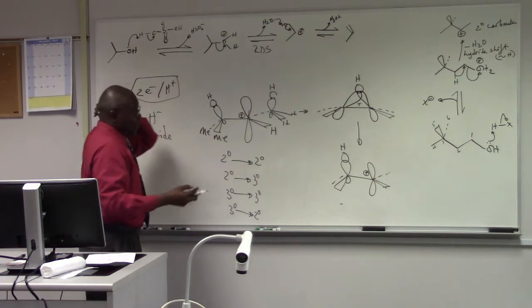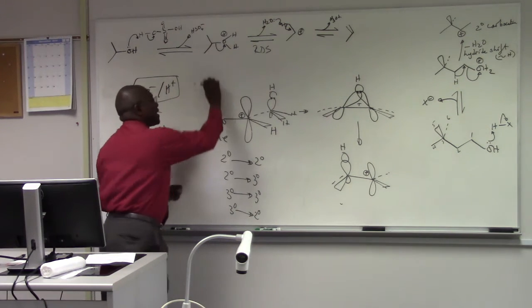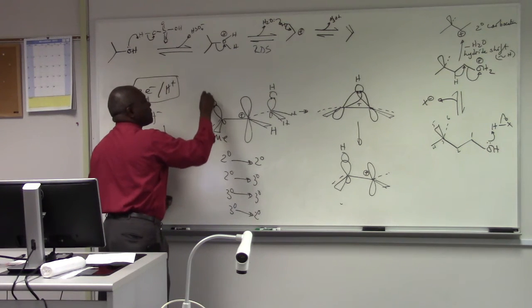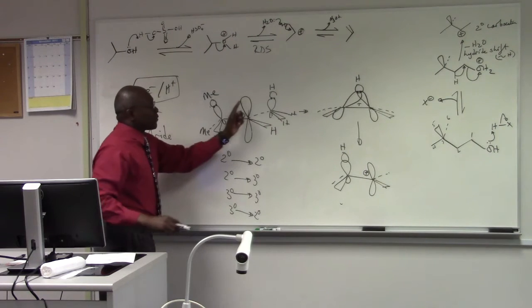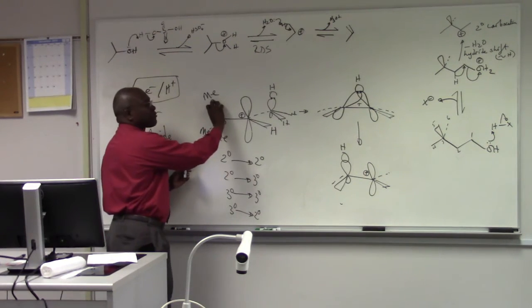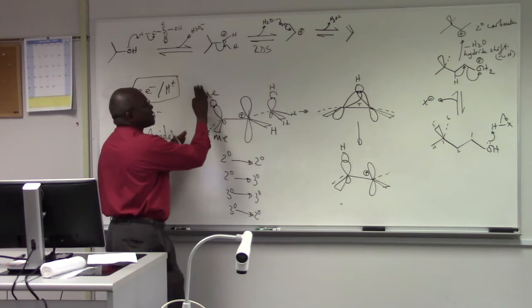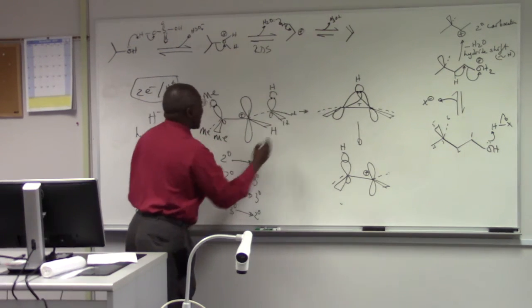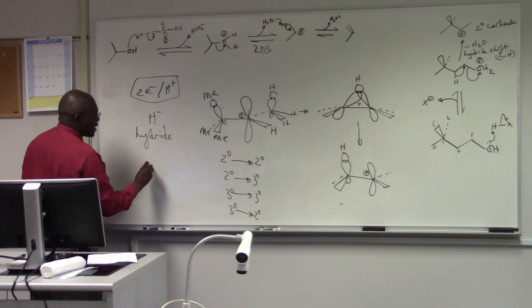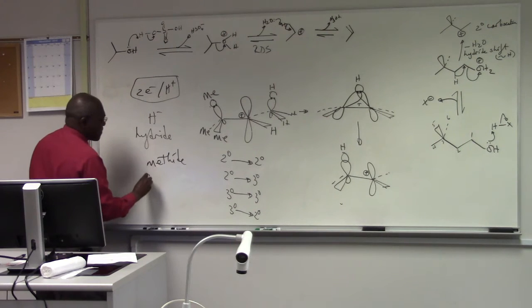Now, I could have said, for example, let's say the group on this side was t-butyl. Well then, instead of an H, I'll have a methyl group here. The p orbital will do exactly the same thing. It will lean over, grab the two electrons and yank them, and then the methyl electrophilic species will just follow behind it. I would call that a methide shift, right? Or some people say methanide shift.